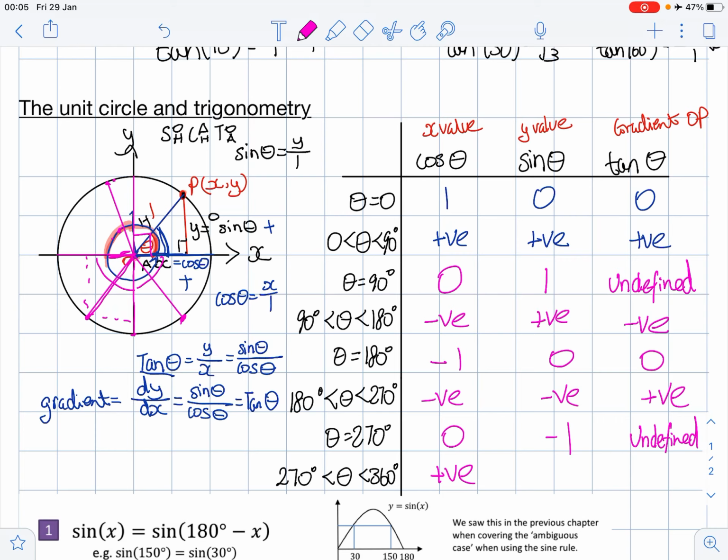My y value is always going to be negative, and my gradient is a downward slope, which is negative. Also, a negative sin theta divided by a positive cos theta will give you a negative tan theta.